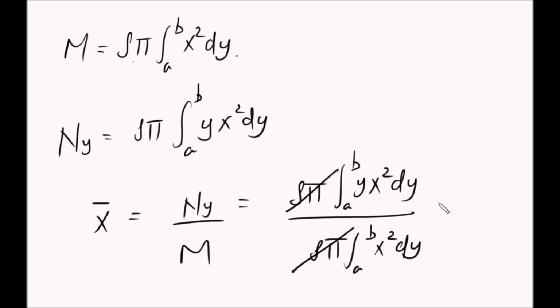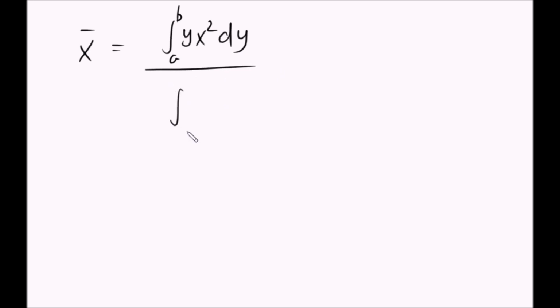So finally now a center of mass itakuwa ni sawa na a mpaka b yx squared dy chini ya we integrate from a to b x squared dy. So tafuta hii integral juu kwanza, and then uje utafute hii integral ya chini, then usigawanye. Tuanze na hii ya chini anyway, ndo rahisi.